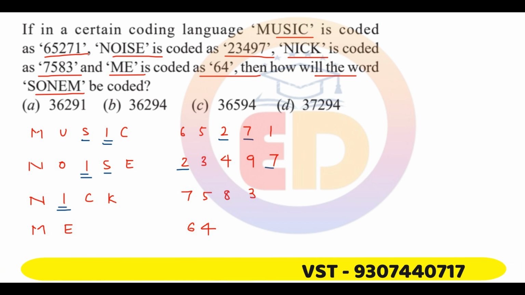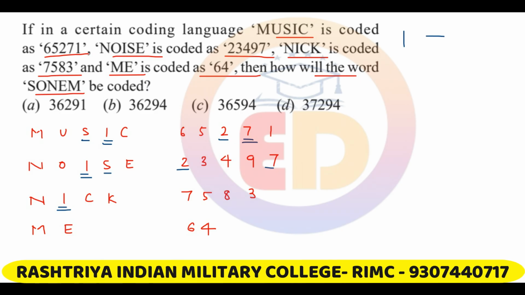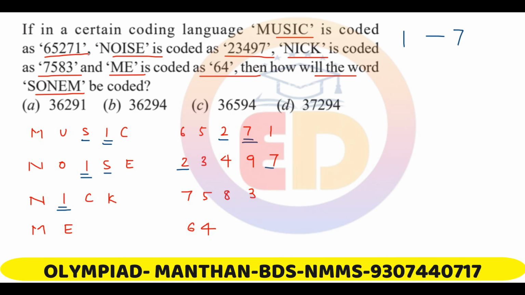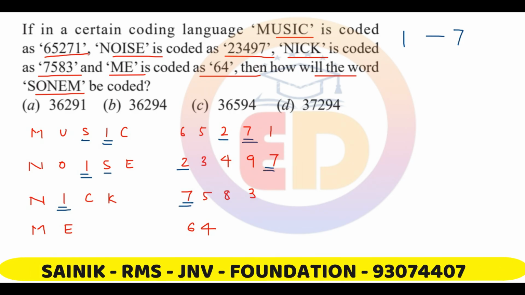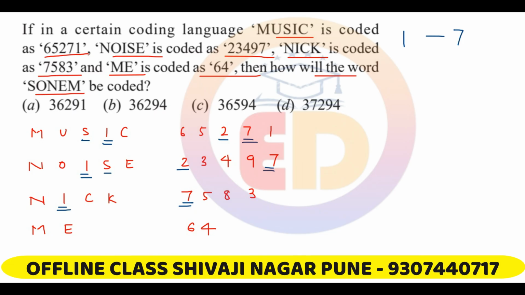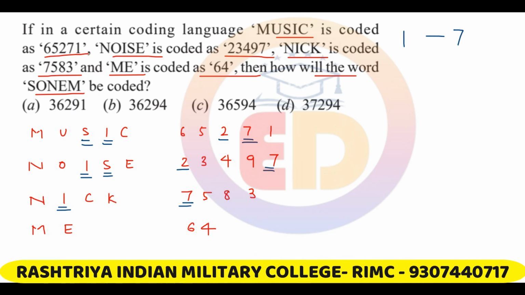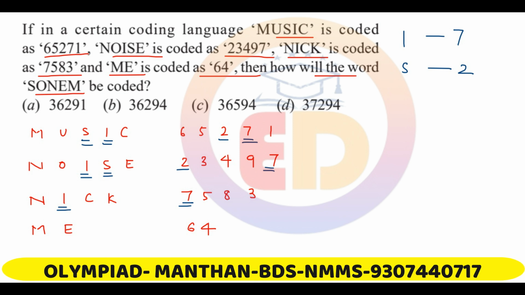If you see in the first word there is 7, in the second word there is 7, and in the third word also there is 7. It means it confirms that the code for I is 7. And if the code for I is 7, then S is also repeated, that 2 is also repeated, so code of S is 2. Now that we have found the code, let us cancel them.